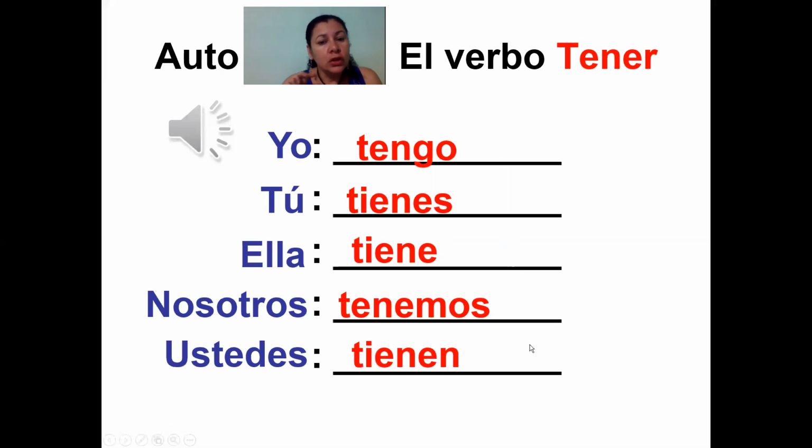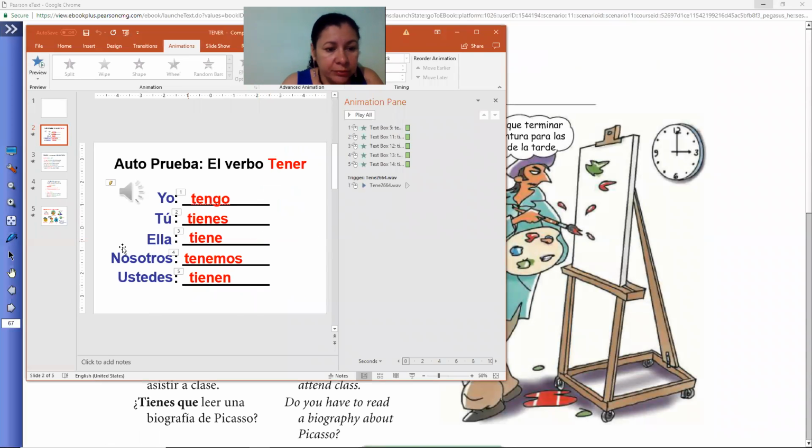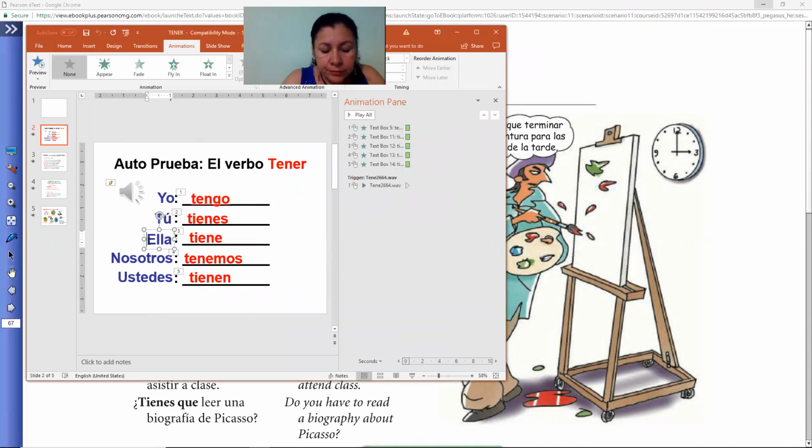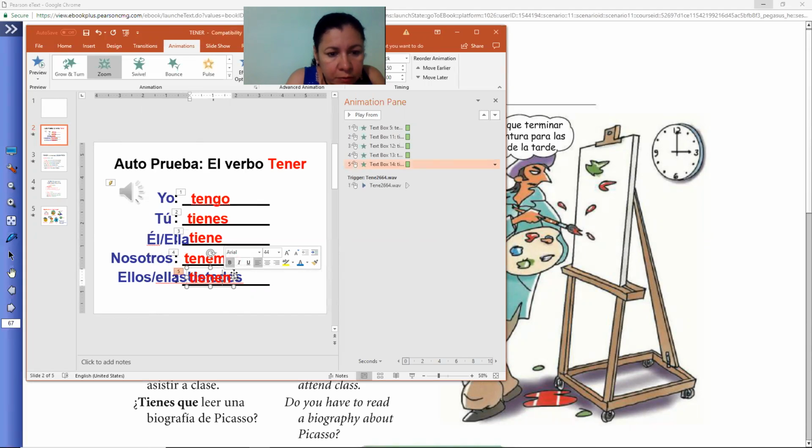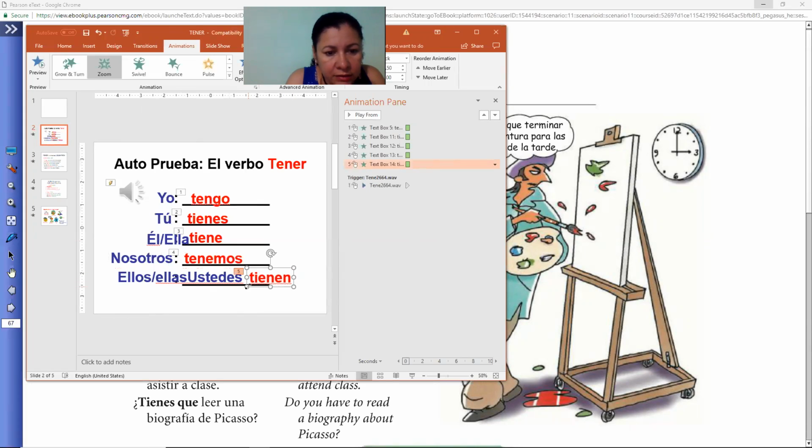So yo tengo, tú tienes, él, ella tiene. Let me include here, wait, that's an I. Él, ella tiene, nosotros tenemos, ellos, ellas, ustedes tienen. Here we are missing ellos, ellas. And I'm going to put this picture here.